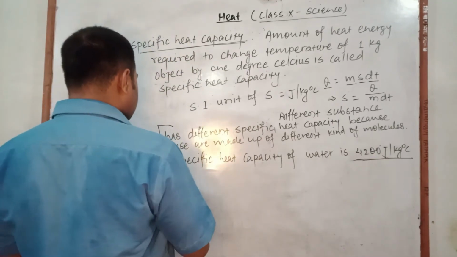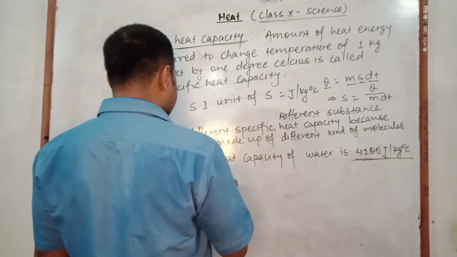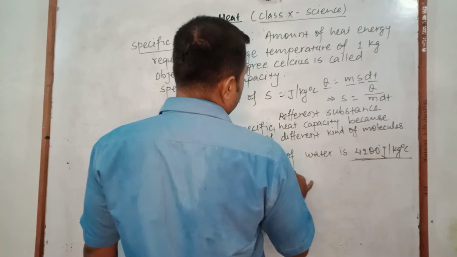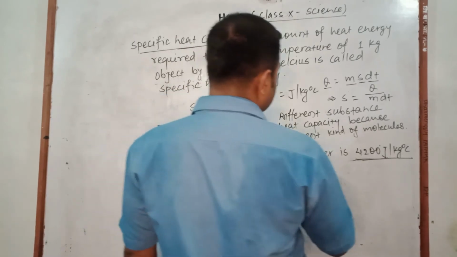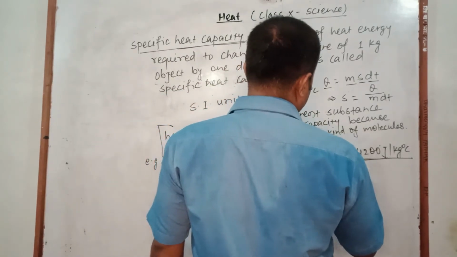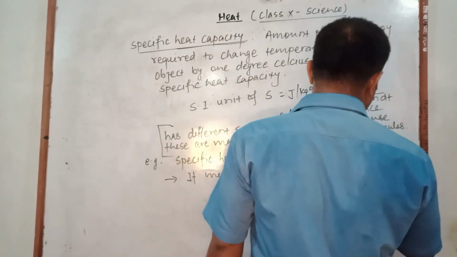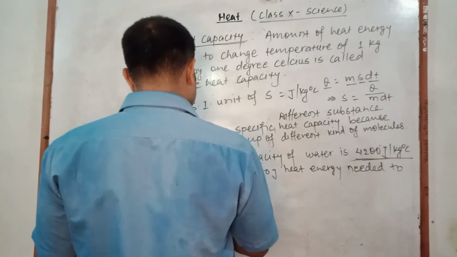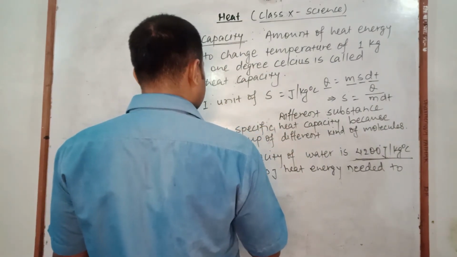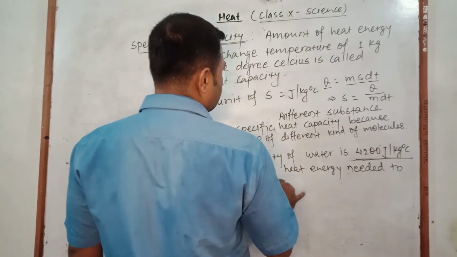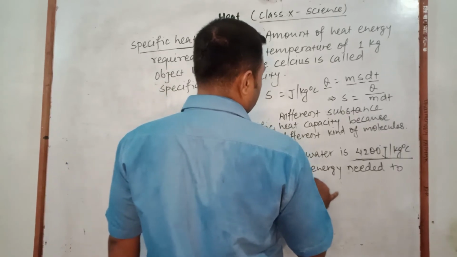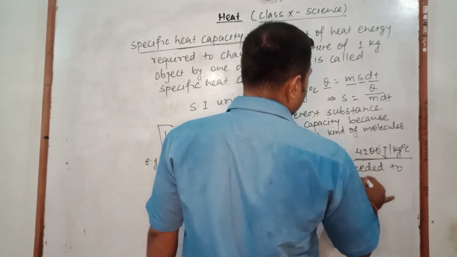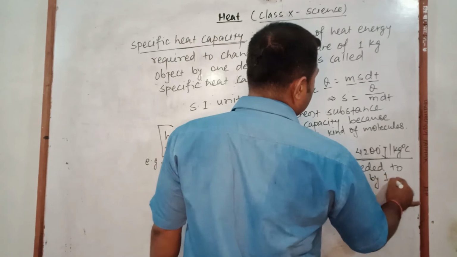And what does it mean here? It means 4200 joule heat energy is needed to increase the temperature of 1 kilogram water by 1 degree Celsius.